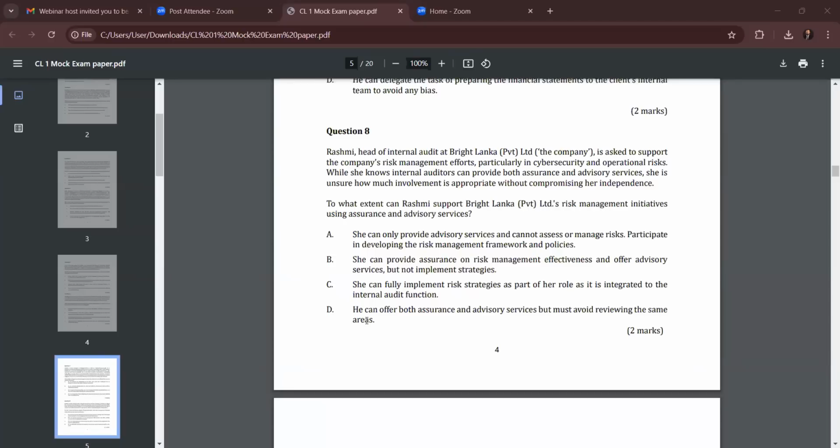Internal auditor should be independent from operational and executive management.